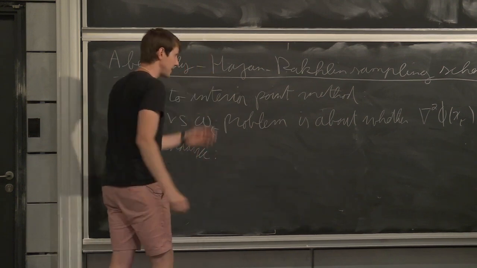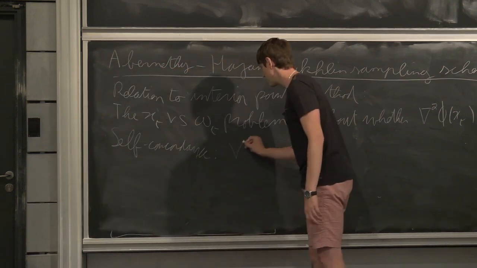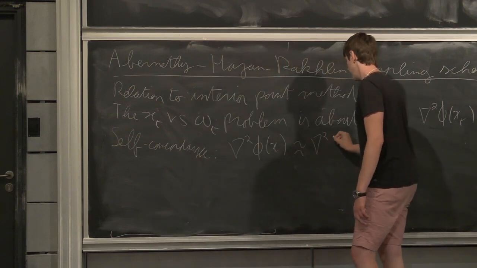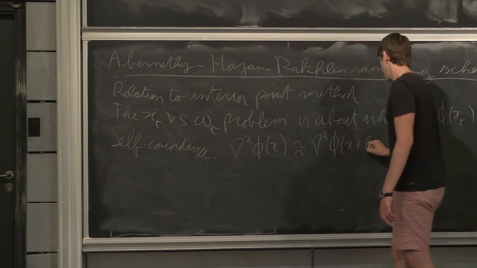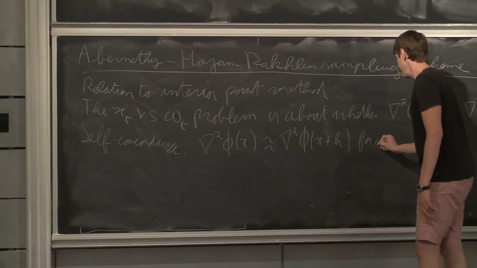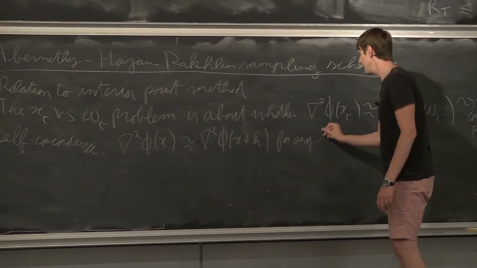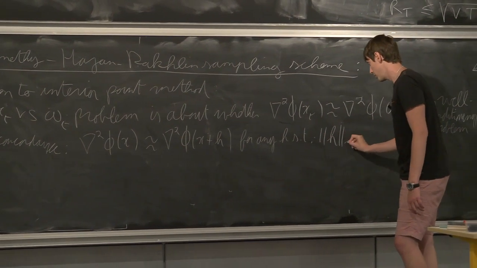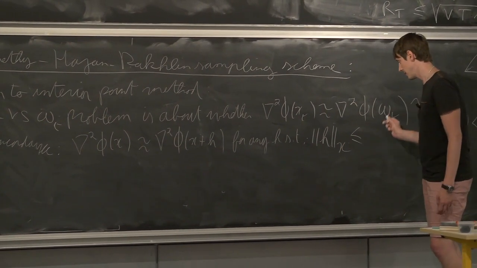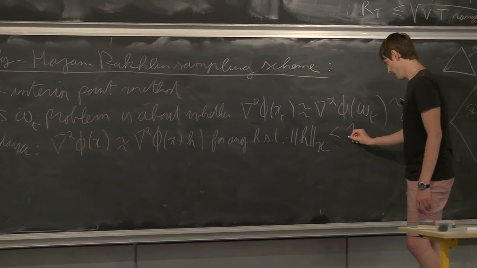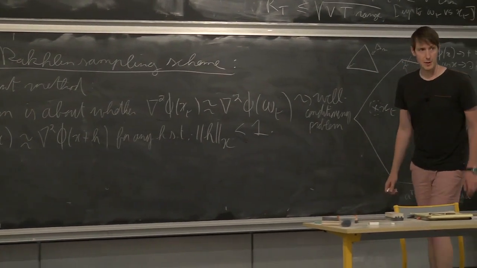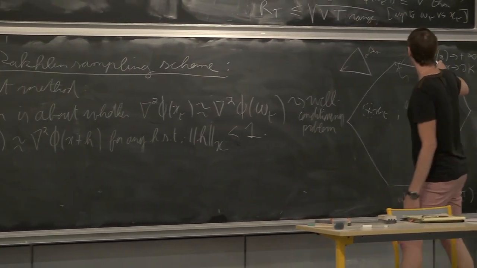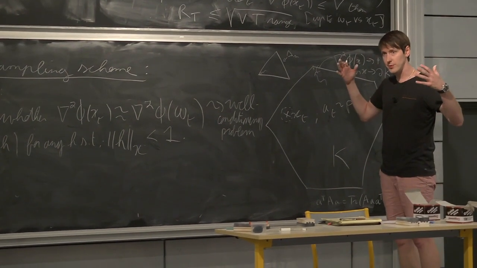which is this thing that was defined in interior-point methods, exactly tells you that the Hessian of phi at x is the same thing as the Hessian of phi at x plus h for any h which is small, for any h such that the local norm of h is smaller than 1. Okay, so these are functions. So eventually, remember, we want functions whose Hessian blows up to infinity.